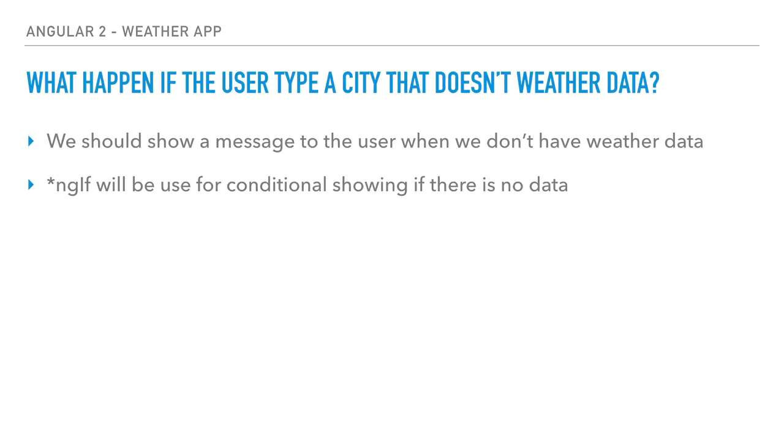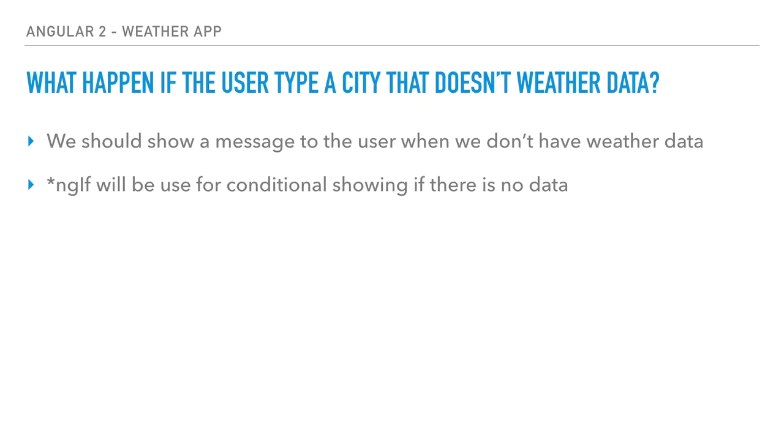We type blah blah blah city, we go to the server, we try to retrieve weather data and there is nothing. Obviously, we should display a message to the user saying, look, buddy, type a city that exists, right? So this is a first step, and we will take advantage of the ngIf to do this.